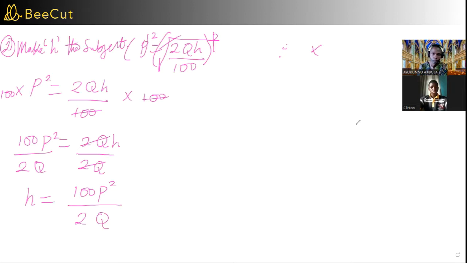So that is the second one. I'm going to move to another question now, which is the third question. Question 3 says, express s in terms of t, x, and k in the formula below.